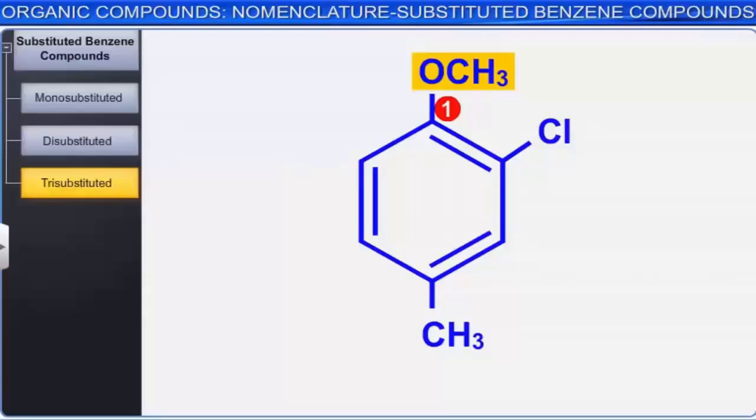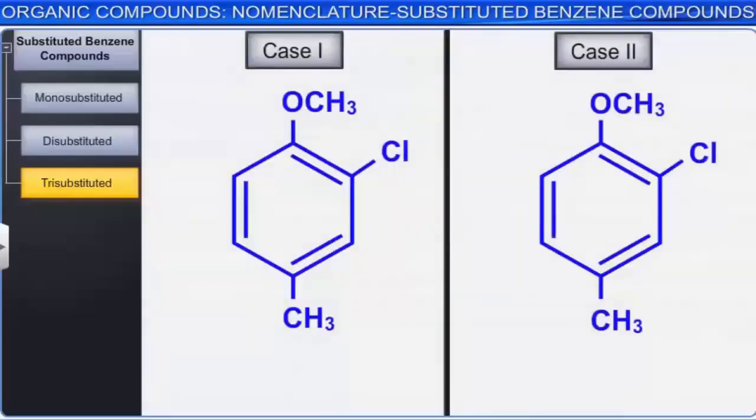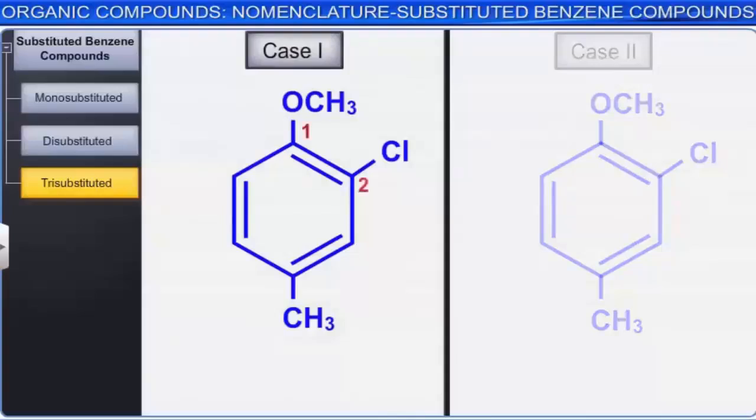Then, the direction of numbering is chosen in such a way that the next substituent gets the next lowest number. In case 1, the numbering is done in the clockwise direction. Thus, the next substituent gets the position 2. Hence, the positions of the substituents present are 1, 2, and 4.